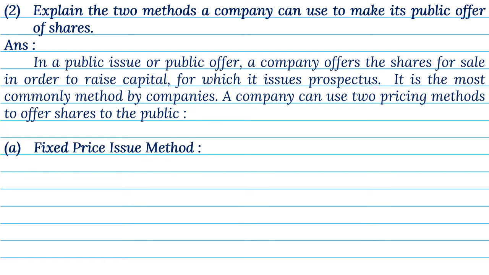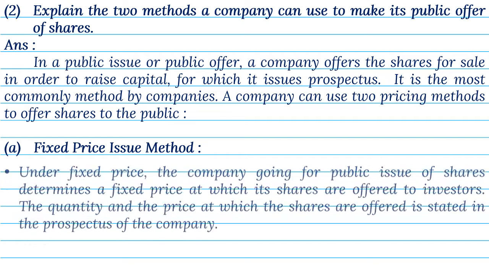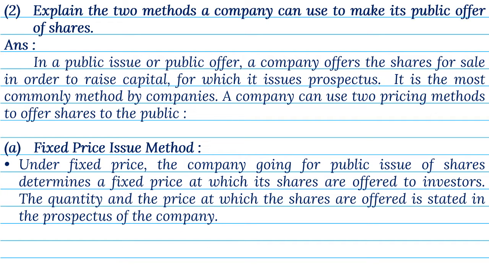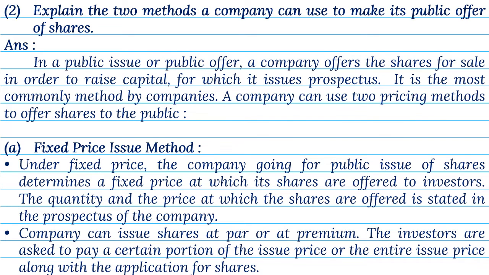A. Fixed price issue method. Under fixed price, the company going for public issue of shares determines a fixed price at which its shares are offered to investors. The quantity and the price at which the shares are offered is stated in the prospectus of the company. Company can issue shares at par or at premium.